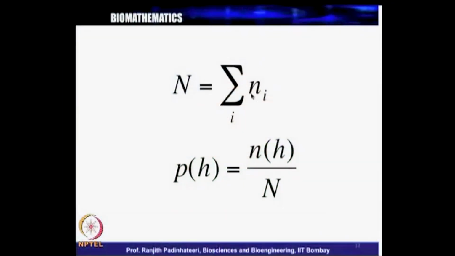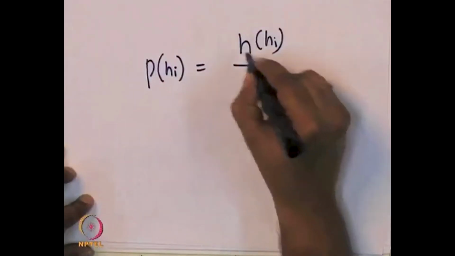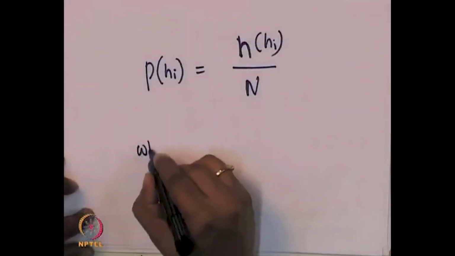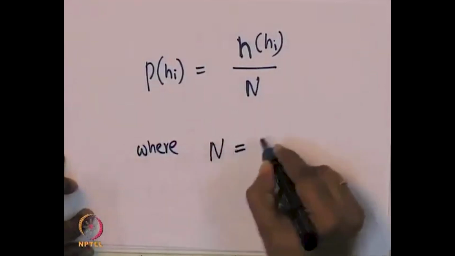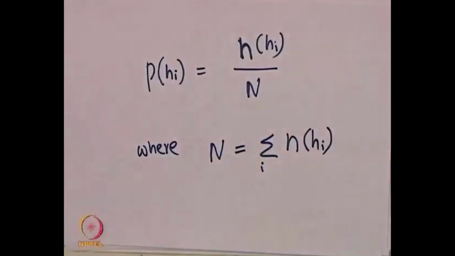Sum over i of Ni, by Ni I mean N of Hi, I get something called N, which is the total number of students, and if I divide this N of Hi by N, I can define something called P of H. In other words, you can write it as P of Hi is equal to N of Hi divided by N, where N is equal to sum over i of N of Hi.